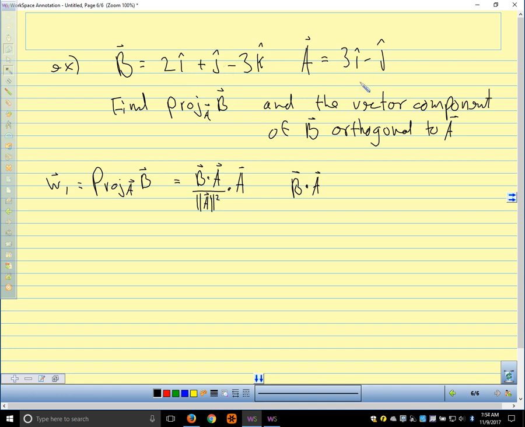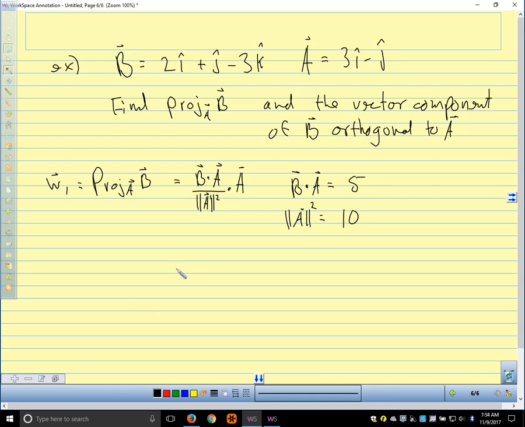Six minus 1, 5. The magnitude of A is square root of 3 squared plus 1, so square root of 10. So let's say magnitude of A squared is 10.